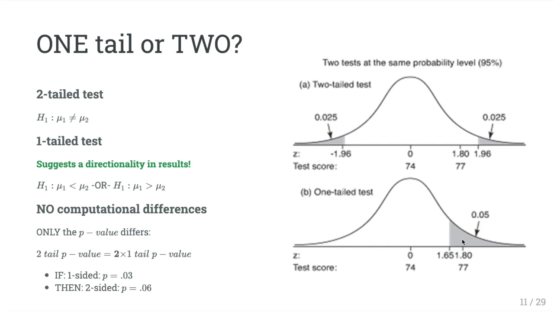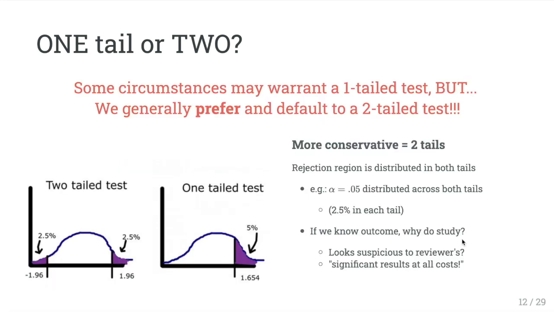Now again, I always suggest a two-tailed test because that's what our software is going to do and it's the safest bet. But you're going to see in the homework and sometimes in practice, there's going to be some that look at a one-tailed test. Another reason why we use two-tailed instead of one is it's generally more conservative. The rejection region is distributed in both tails, like I talked about.